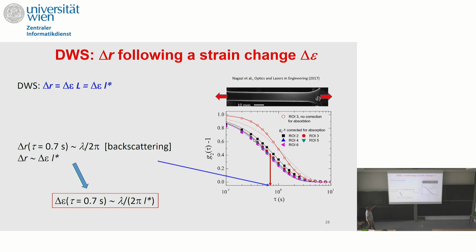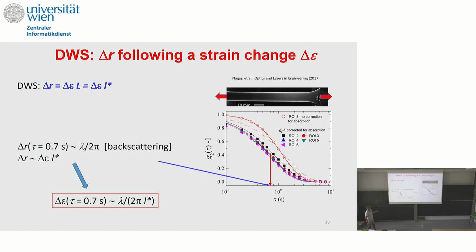Now, since I was doing this experiment in backscattering, one can show that the typical length scale to which you are sensitive in backscattering is of the order of the wavelength of light of my laser divided by 2 pi. So I can figure out what was this delta epsilon over a time of 0.7 seconds. It was lambda divided by 2 pi L star.